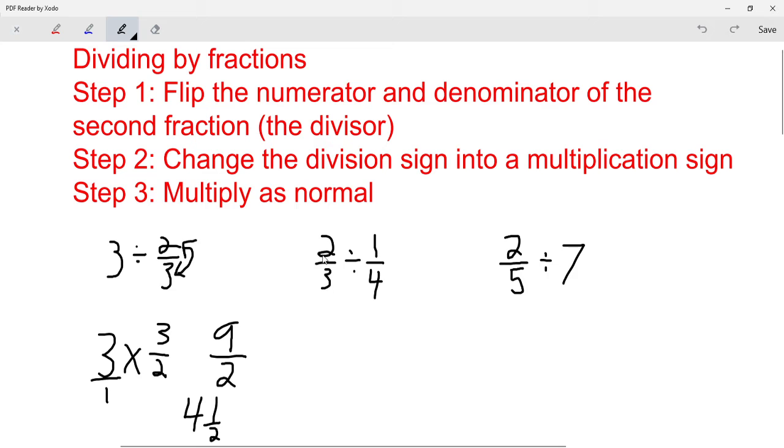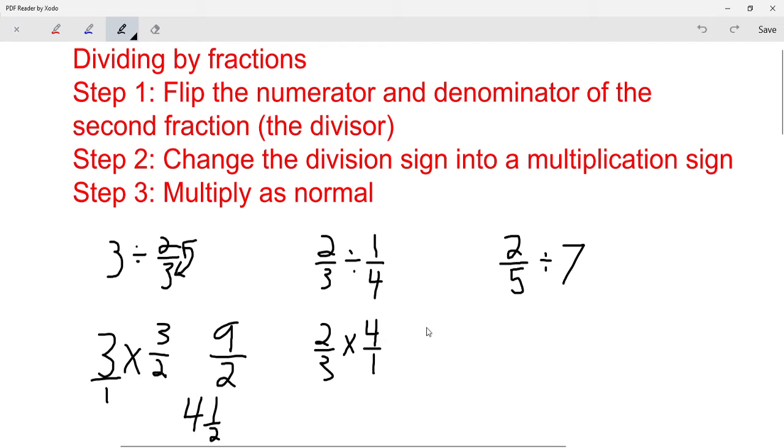Now let's go for when it's two fractions. The 2/3 stays the same. 1/4 gets flipped, and this becomes a multiplication sign, so it becomes 4/1, which is actually equal to just 4, right? Any fraction with 1 in the denominator is just the numerator as a whole number.